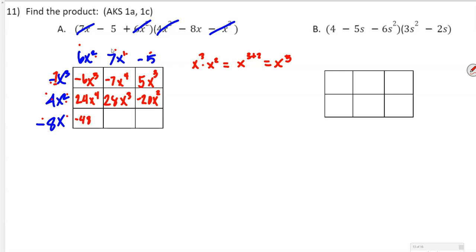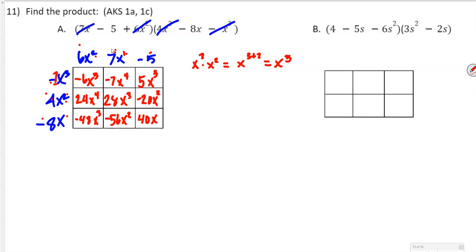X to the first times x to the second is going to be x to the third because it's 1 plus 2. 7 times negative 8 is going to be a negative 56, and this is going to be x squared again because it's 1 plus 1. And then we've got our negative 5 times negative 8. That's going to be a positive 40, right, x.